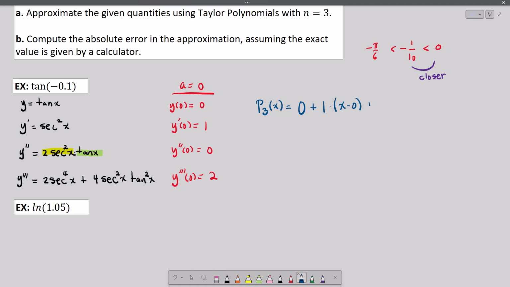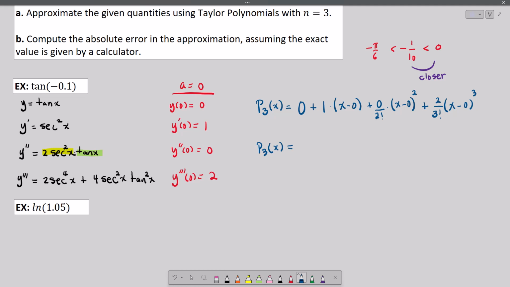Now we're adding 0 again, so now it's going to be 0 divided by 2 factorial, which of course is just 0, and then x minus 0 to the 2. And then when we get to our third, we're going to have 2 divided by 3 factorial times x minus 0 cubed. Now this one I am going to simplify because we wrote in a bunch of zeros that are unnecessary.